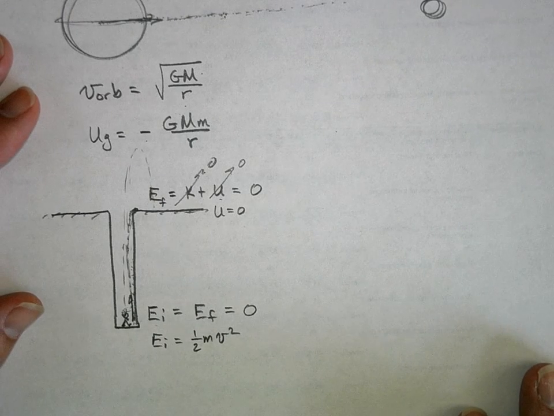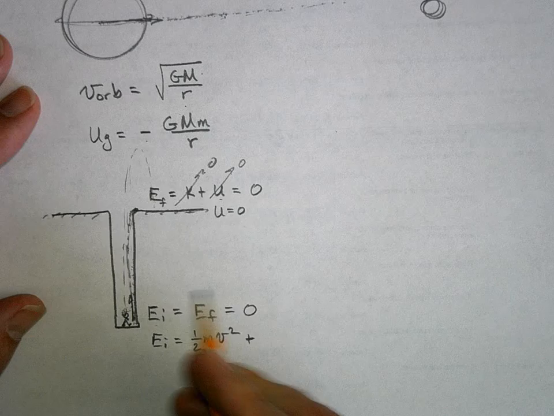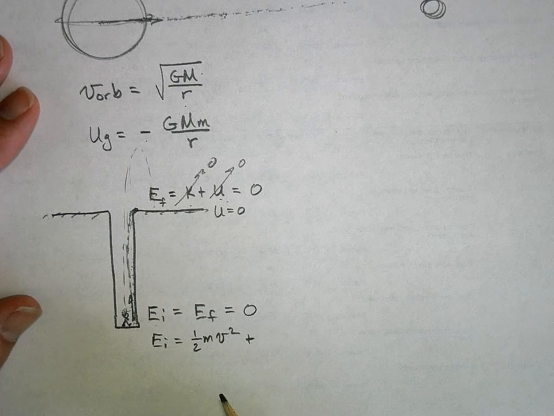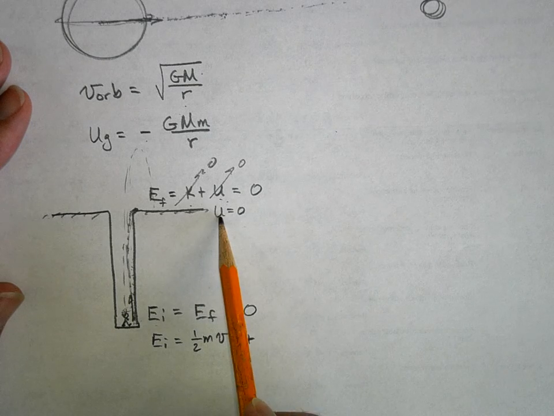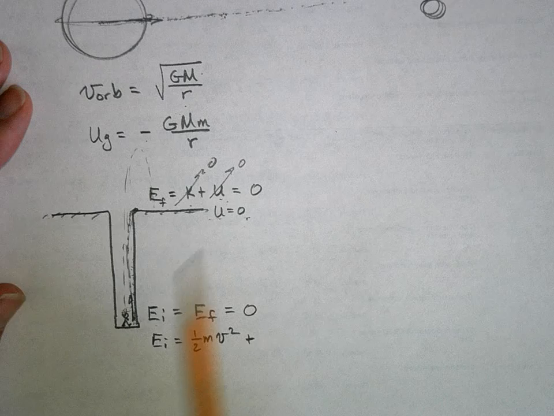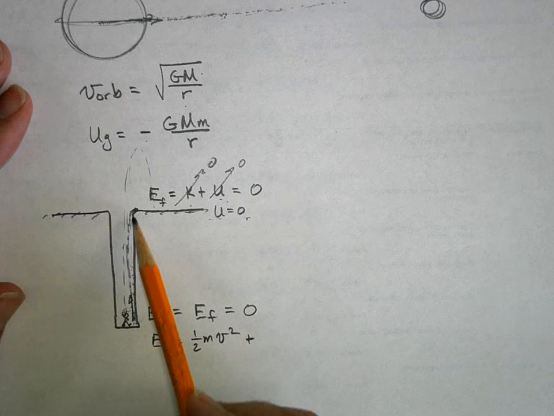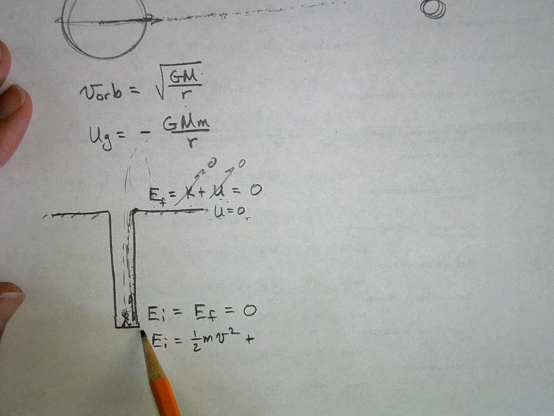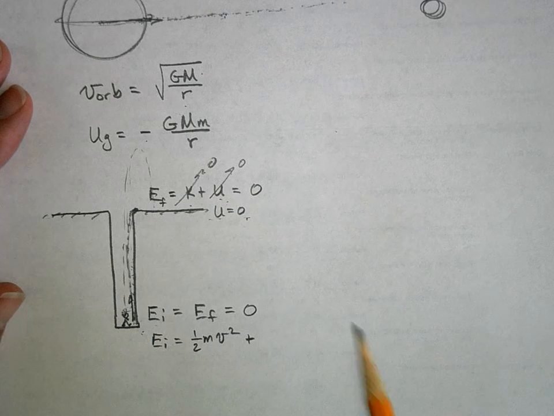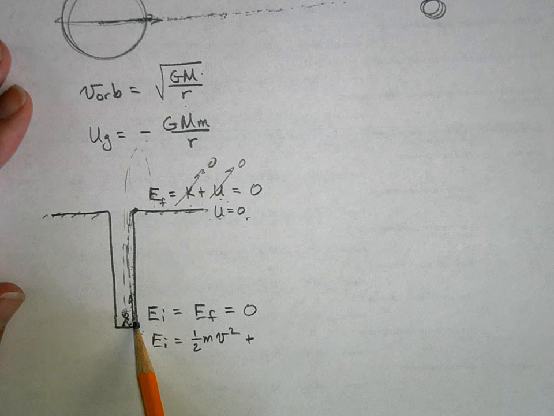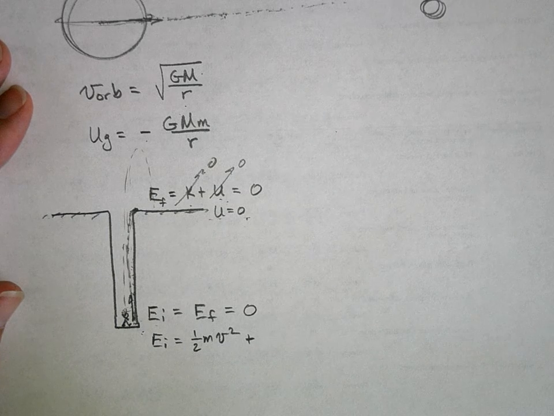But it also has, K plus, it does have potential energy. But if our potential energy is 0 right here, what is it down here? Do you see that we're below 0? We're below our reference. So the rock that he's throwing at the bottom of the well had negative gravitational potential energy.